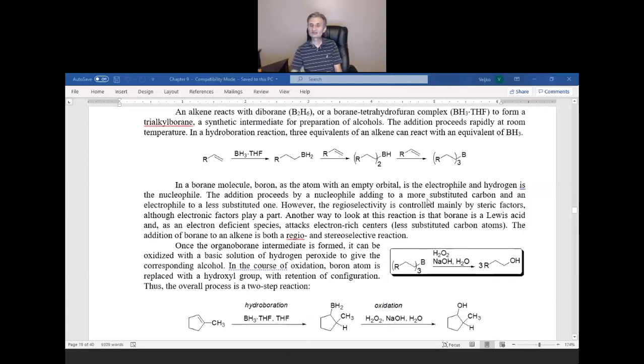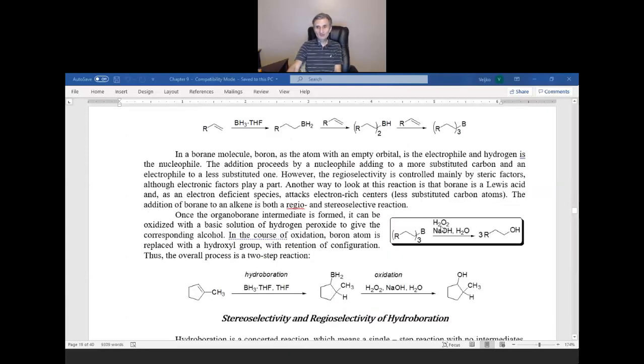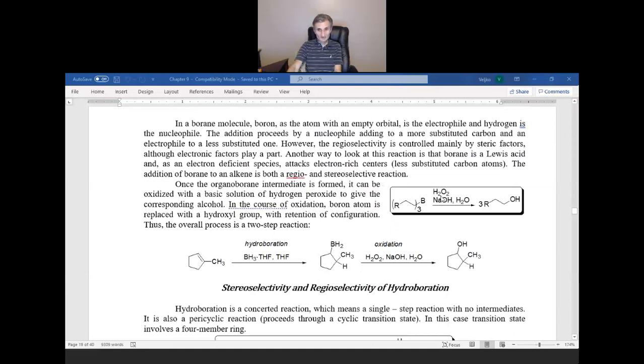Trialkyl boranes are actually highly flammable, not very useful compounds, but when we oxidize them with hydrogen peroxide, boron is replaced by oxygen, or an OH group, and we end up with alcohols. And note that these alcohols have oxygen on the less substituted carbon.